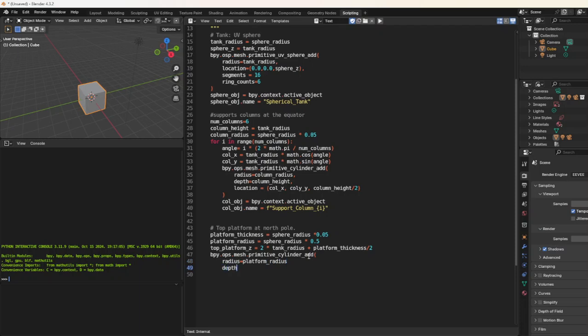We already know everything. The depth is the platform thickness, and the location is 0, 0, top platform z.